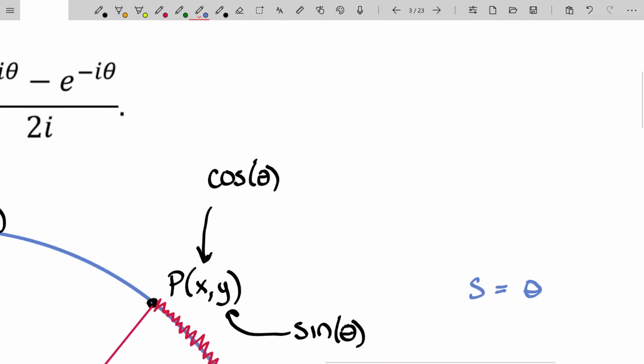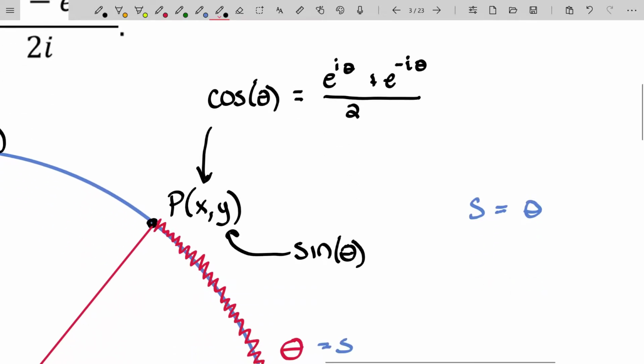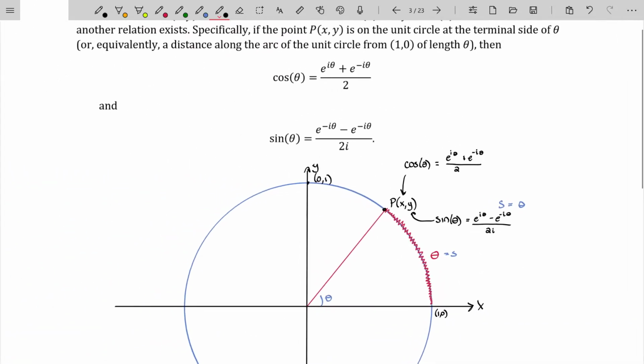So again, this cosine right here is e to the I theta plus e to the negative I theta over 2. And the sine of theta is e to the I theta minus e to the negative I theta over 2I. Very interesting little aside.